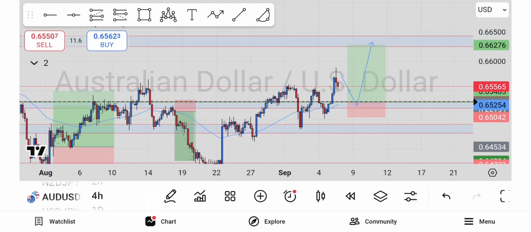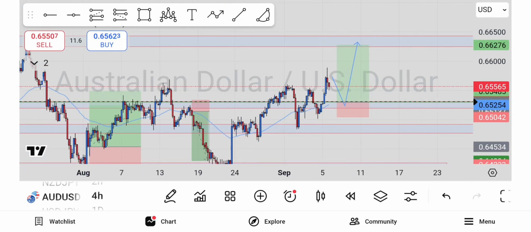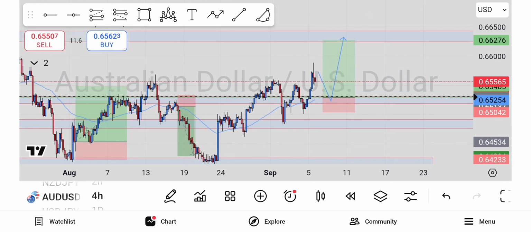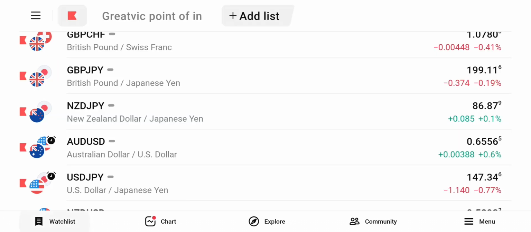On the 4 hours, we're expecting a retracement, and then we're expecting price to go to 0.66276. I love this setup of AUD USD, so I'll be looking closely at it. I think it's one of the trades I'm going to enter for next week.